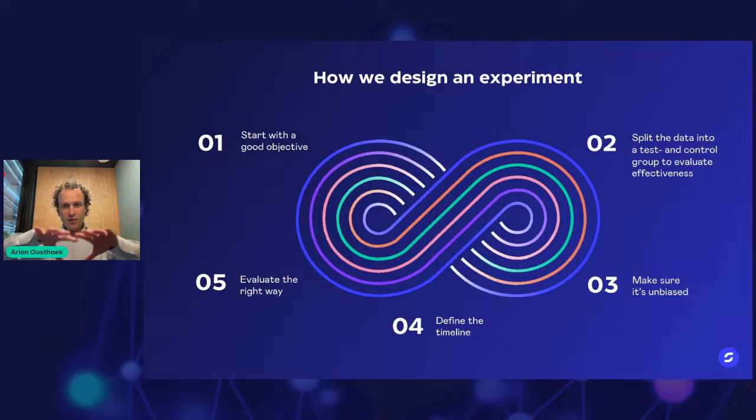You want to have an honest and fair experiment, so that if the margin has increased from the experiment, you can be sure it's not because of other factors. If you haven't had a good test and control group, it's really hard to have a good benchmark to see if it really is an effect of the experiment, or if it was driven by, for example, an overall margin increase of the market.